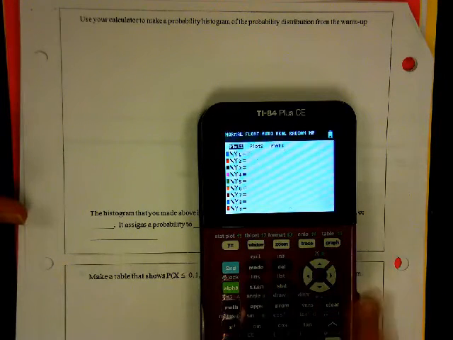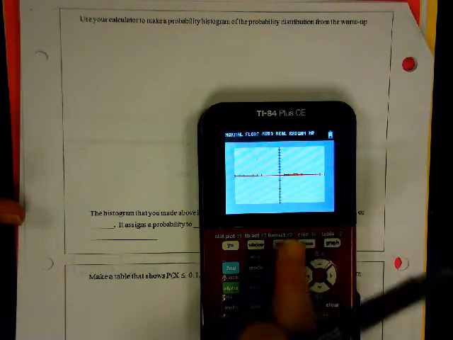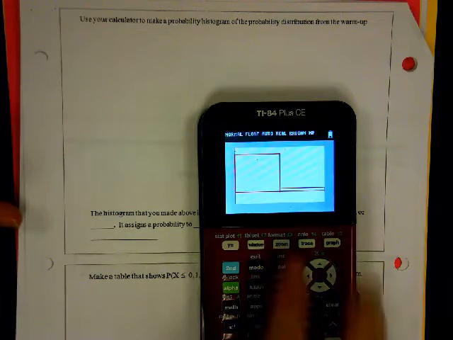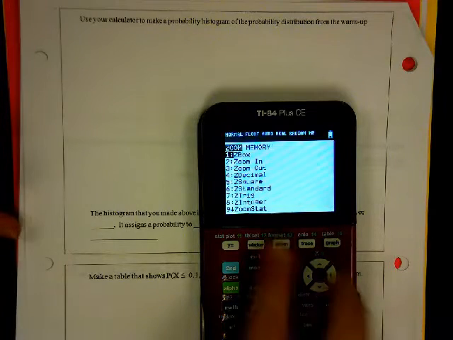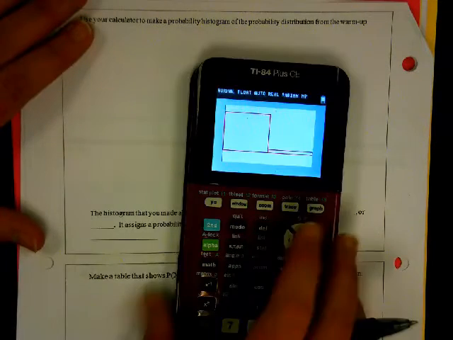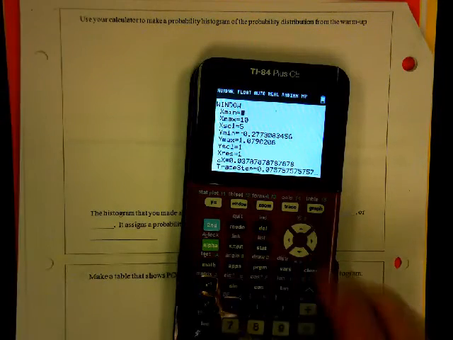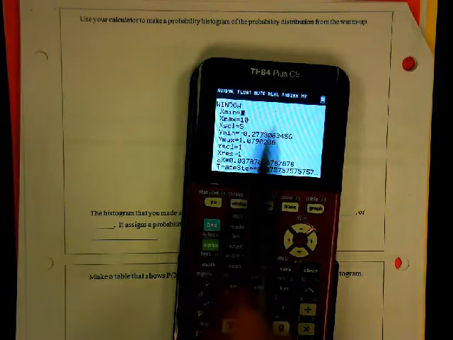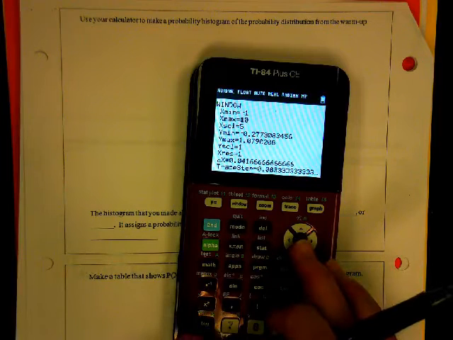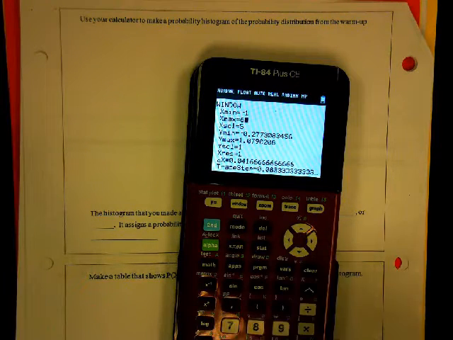So I'm going to go back to my graph and hit zoom number 9. No, that didn't do me any good. If you hit zoom 9, that's what it gives you, and that's not a good histogram. So we're going to go into our window. Our x-min is 0, so I'm going to go to -1 just so I have a little space on the other side. Our x-max is 5, so I'm going to go to 6, and go by 1s.